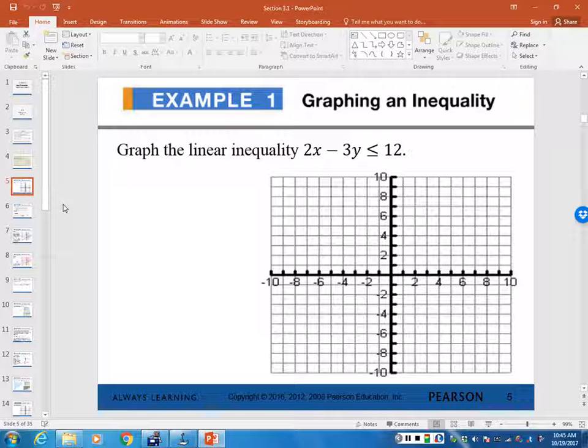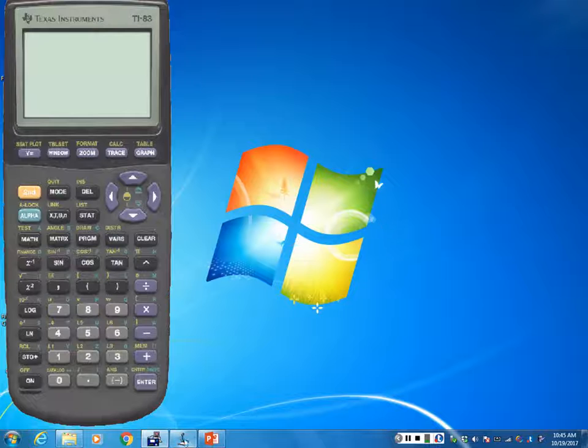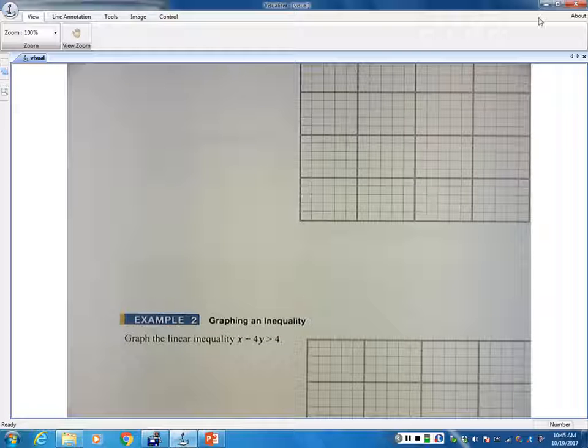At this point, I'm going to shift over to the overhead instead, so that we can graph this. And I want my calculator handy to help me with it.